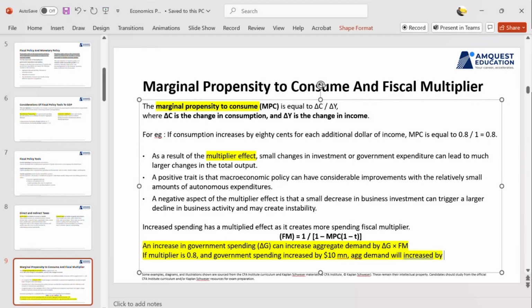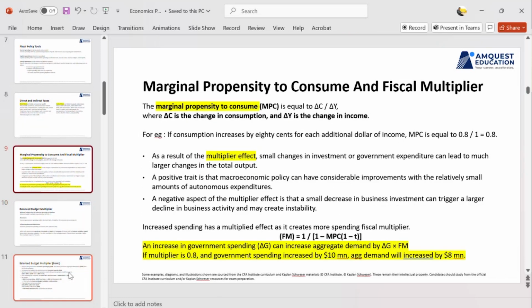Right or wrong? By how much? By 8 million. Clear? 10 million, so 0.8, 8 million. Obviously, if it's 0.7, it'll go up by 7 million and so on. Clear? Is that clear? So this is called the fiscal multiplier.